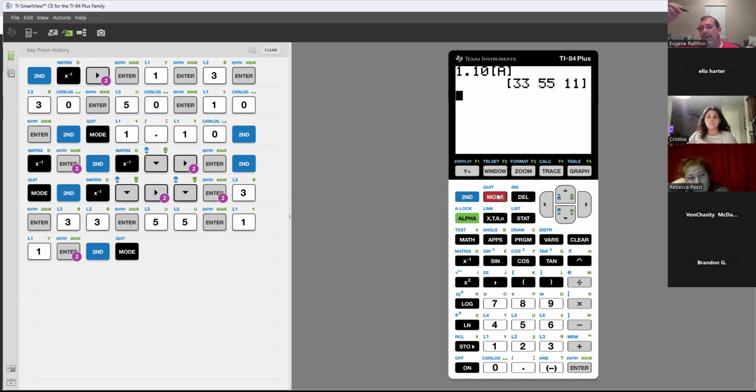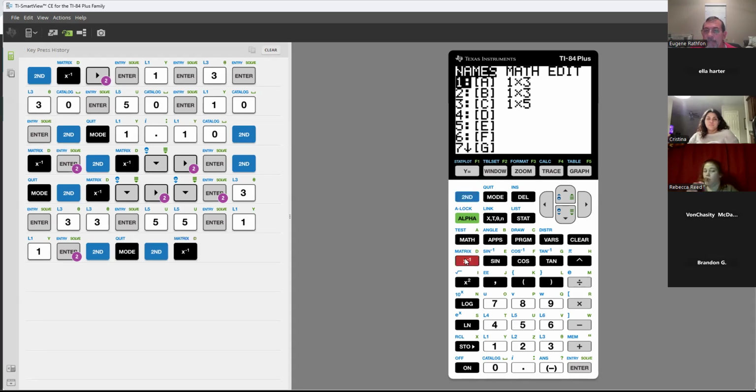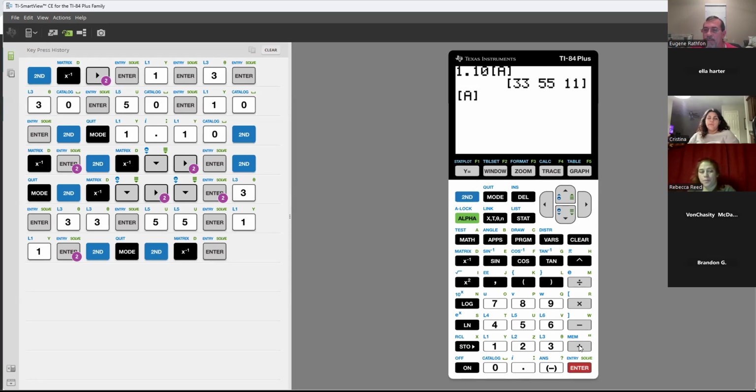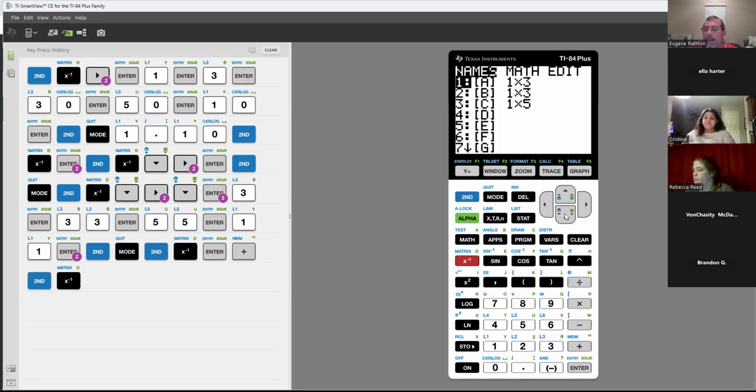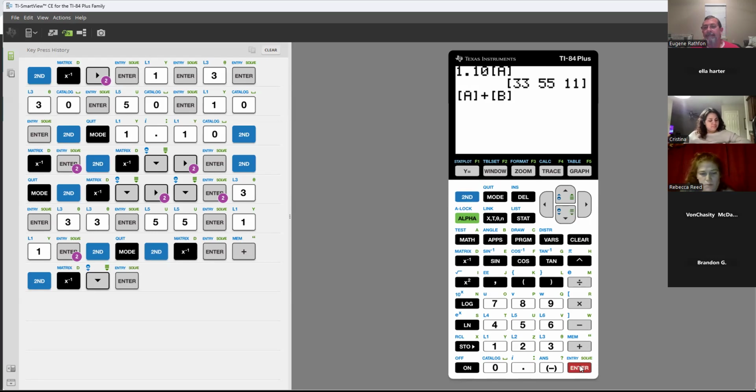So y'all remember a while ago, we just took 30, added to 33, but the calculator can add matrices. So watch this, I'm gonna go get matrix A by hitting enter. I'm gonna hit plus for my adding, and then I'm gonna go get matrix B by hitting second x negative 1, arrow down to B, and hit enter.